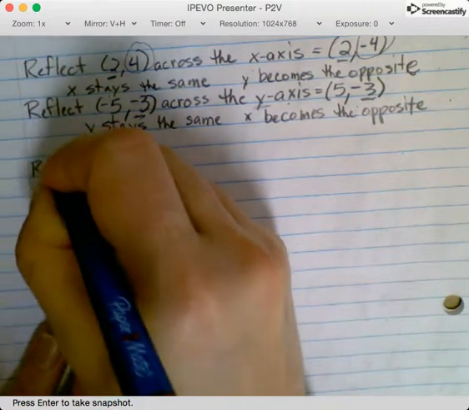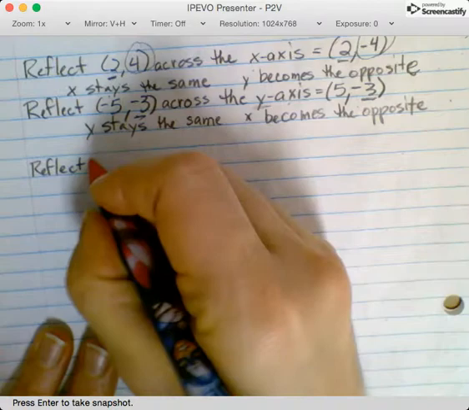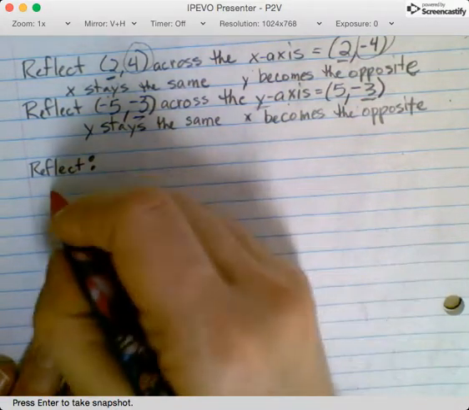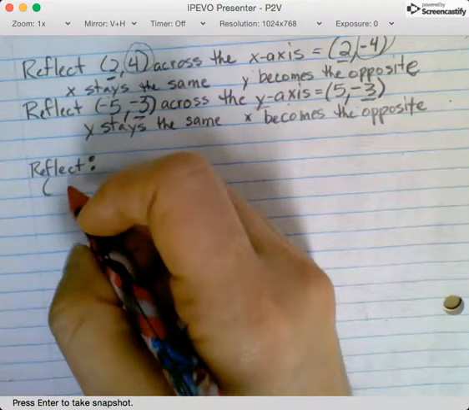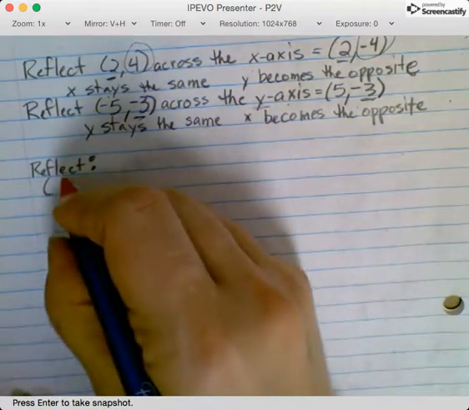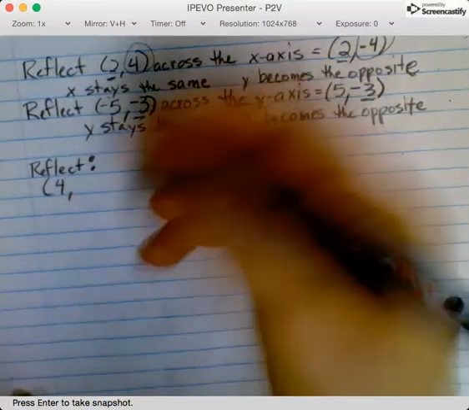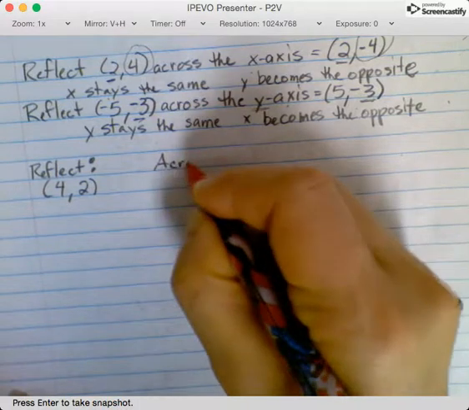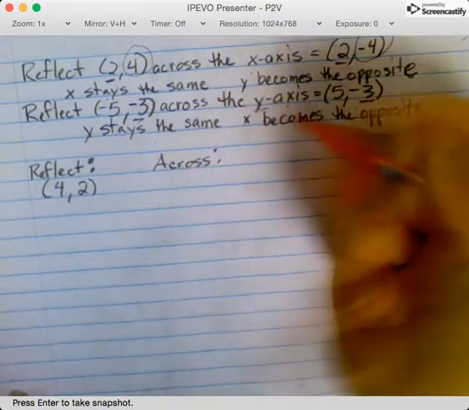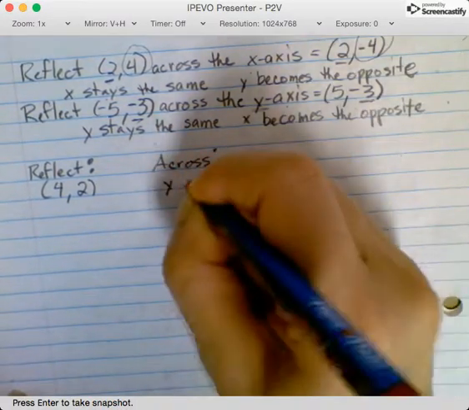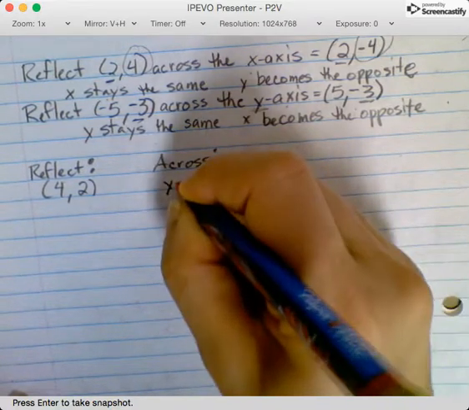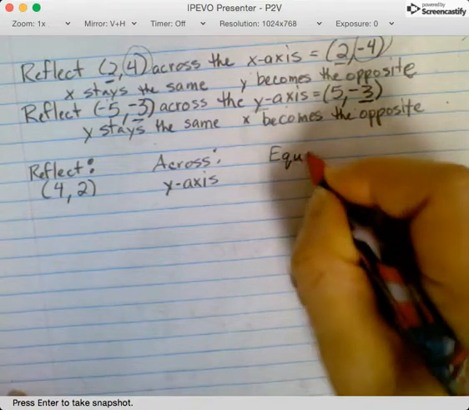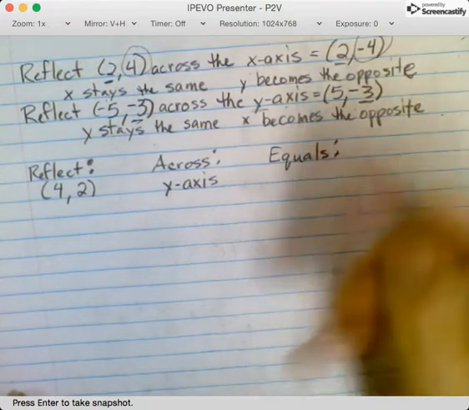So to make this short, I'm going to say reflect, and then for 2 across, let's say y-axis, and that would be equals, just kind of making a shortcut here.